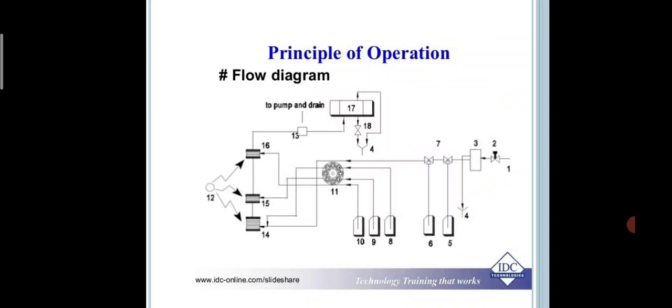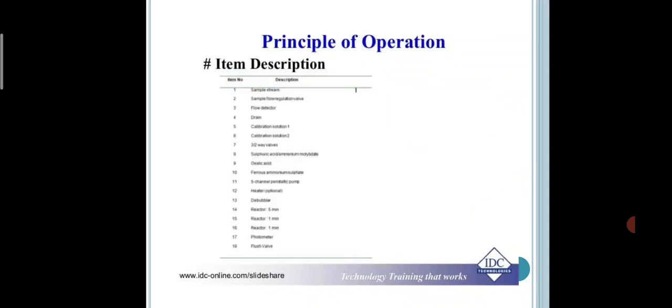Principle of operation. This is a flow diagram for this silica analyzer. We see the sample stream, sample flow, drain, calibration solutions 1 and 2, debubbler and heater, reactor 5, reactor 1 and photometer and flash bulb.